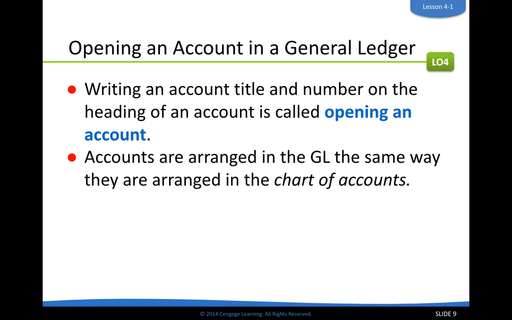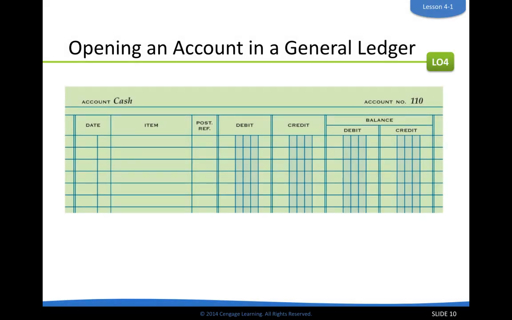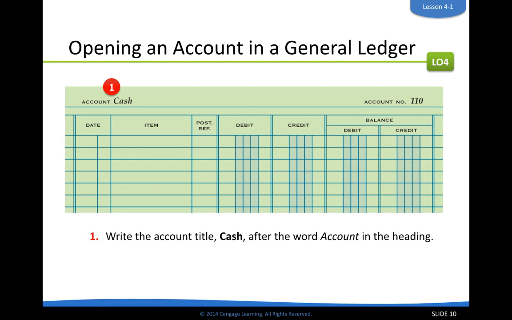So in order to open an account in the general ledger, we're going to have an account for each account that we have. We have to write the title and the number, account number, on the heading. So it's pretty simple. Accounts are arranged in the general ledger the same way they're arranged in the chart of accounts. So if we are going to open the account for cash, step 1, we'll write the account title.